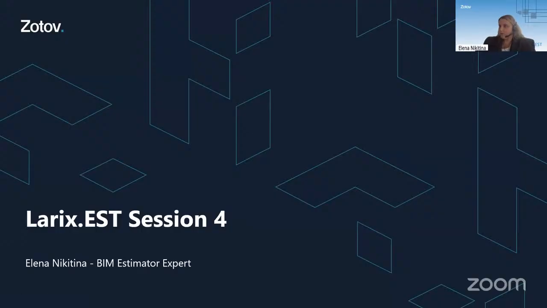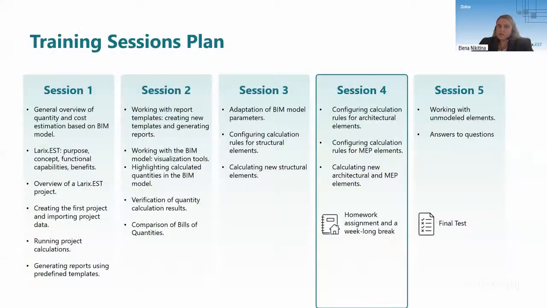Today we will have our fourth session, and today we will take a closer look at how to work with architectural models and some plumbing elements like pipes, and they have some specifics to work with these types of elements, and we create our own calculation rules for these elements, and make a new calculation for these types of elements today.